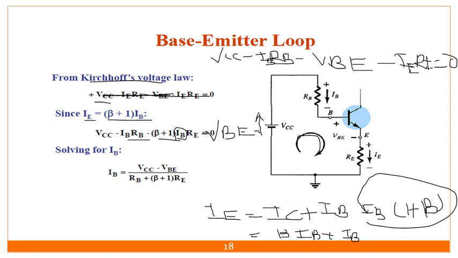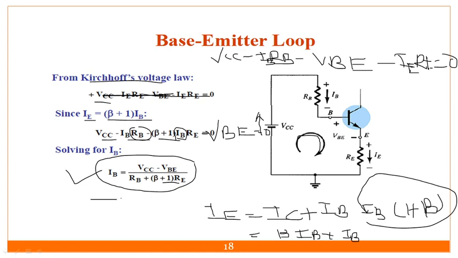Taking IB common, IB times (RB plus (1 plus beta) RE). The resultant is IB is equal to VCC minus VBE divided by RB plus (1 plus beta) RE. So you can calculate the value of IB from this.